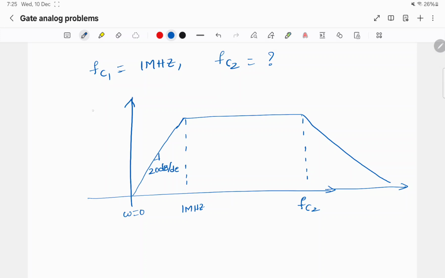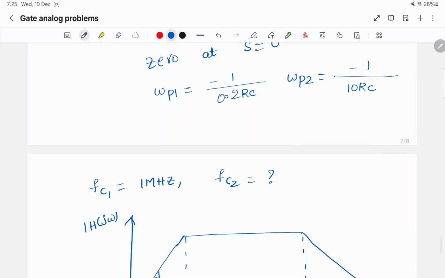This is the band pass filter response, H of j omega versus omega. Clearly this is minus 0.1 by RC and this is minus 5 by RC. We can see that omega P1 is 50 times omega P2.